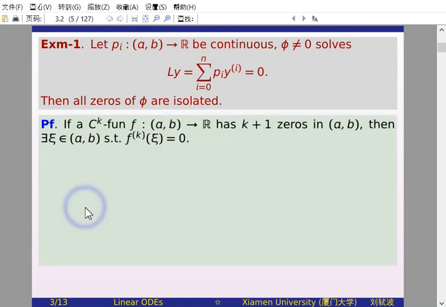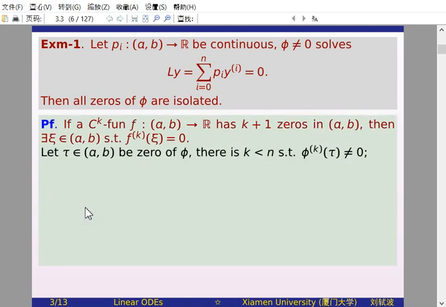Okay. So let's suppose tau is a zero of phi. We claim that there is some k less than n, so that the k-th order derivative of phi at tau is not 0.